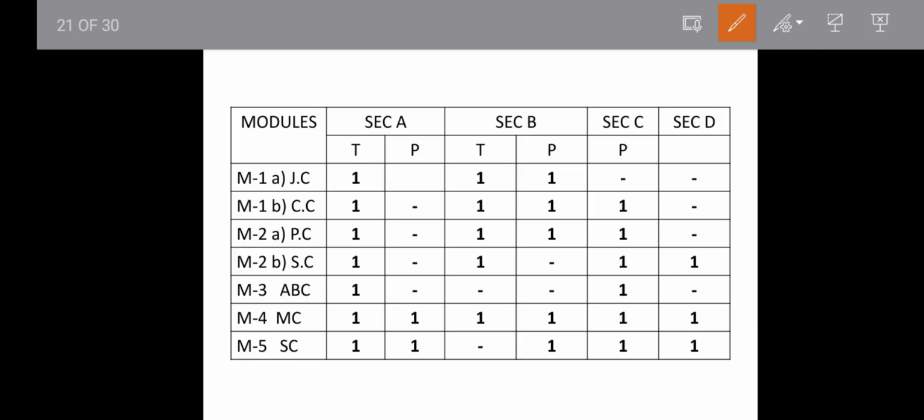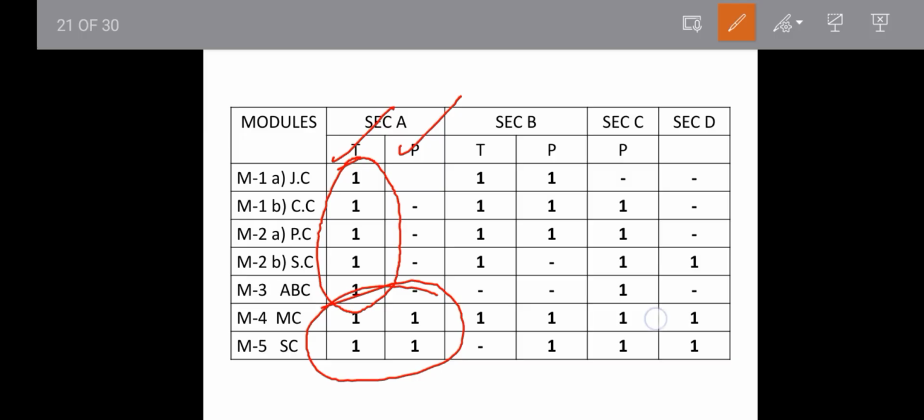The first module consists of two chapters. One is job costing and another one is control costing. In job costing, we have 2 marks divided in two parts, wherein one is theory and another one is practical. The first three modules do not have any practical questions, but the last two chapters have practical questions, which is very important.